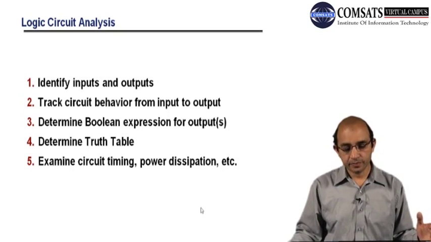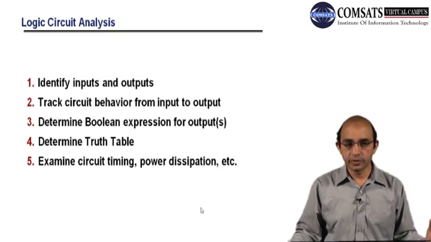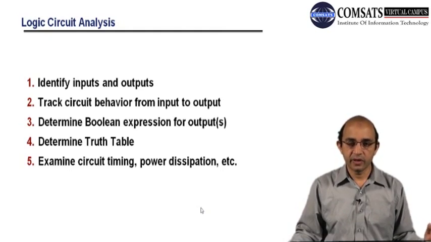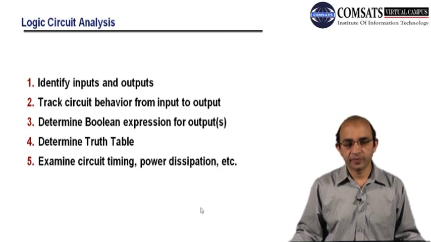At the output, we will have the Boolean expression, and then we will map that Boolean expression onto the truth table, or you can say we will be determining the truth table. The last bullet, we are not very much interested in that point, because we can also have the timing analysis, as we have done in some examples where we have timing diagrams of different inputs.